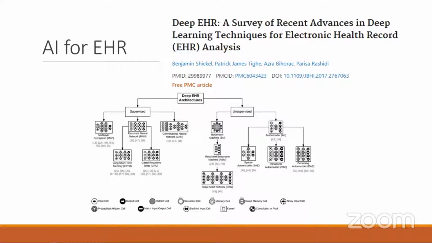So for example, as we saw before, if we are talking about information extraction, we might use natural language processing or text mining. If we want to analyze temporal events and extract them, we might use recurrent neural networks.